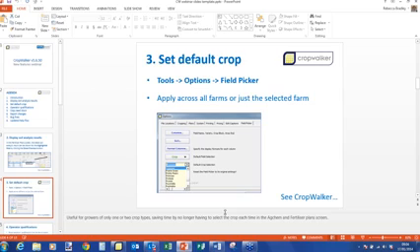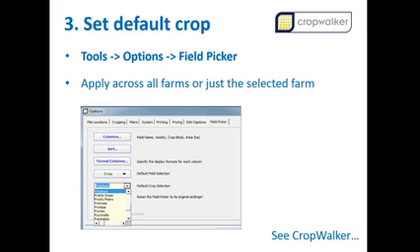And then the next area I wanted to look at was setting the default crop. Just point out where this new feature is. So under the Tools menu and then Options and the Field Picker tab, which is where most of the system configuration is, you can select a default crop, and you can choose to apply this across all of your farms that you have in CropWalker or just for the selected farm.